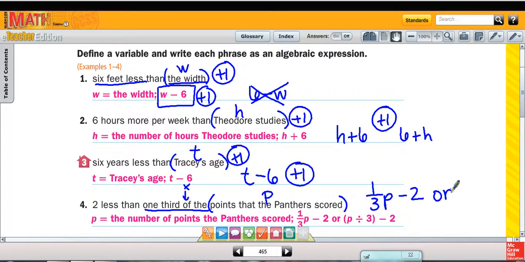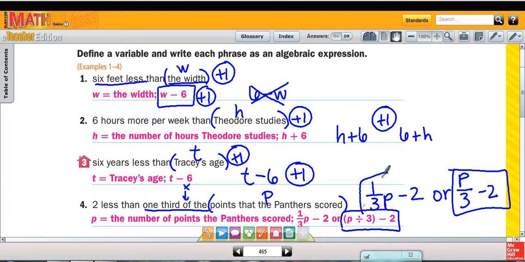Or you could have P divided by 3 minus 2. Okay? Or you could have it written this way. I would just prefer that we are starting to shift to this way if you're using division, or this one is excellent for your expression as well. And this one's worth 2 points. A point for defining your variable, and then a point for your expression.